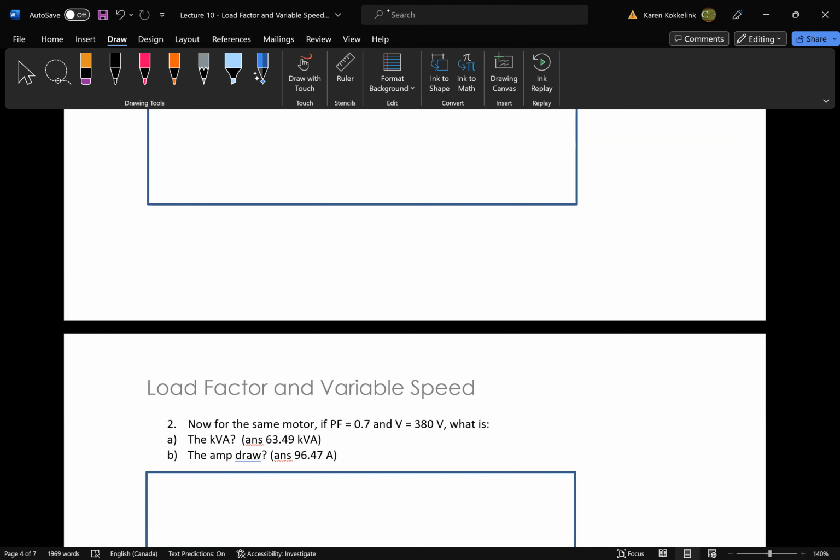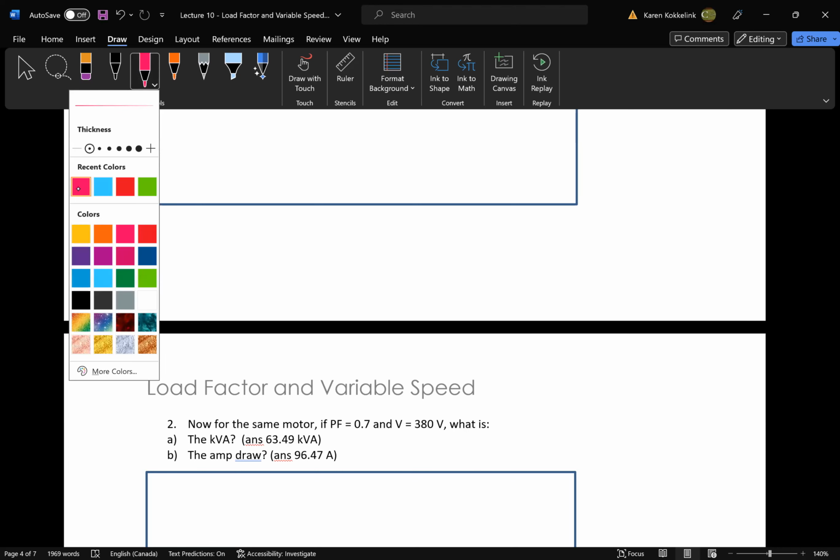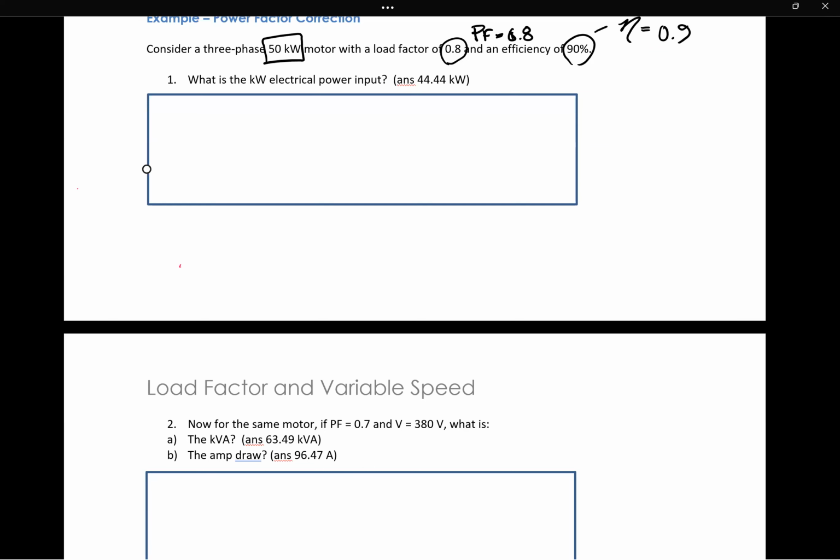So the first question is asking, what is the real power? What is the electrical power input, or the real power input?